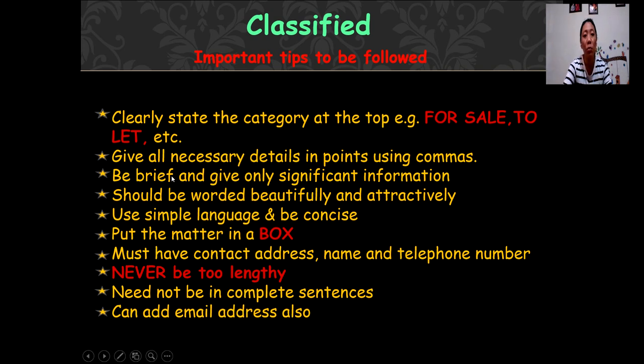Second one is be brief and give only significant information. Right? So as I mentioned, this question will come for 4 marks and the word limit for 4 marks will be 50 words. So do not write unnecessary or insignificant information. Rather be brief and give only the important information that you are required to write.